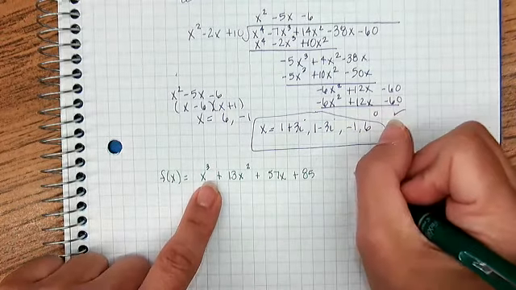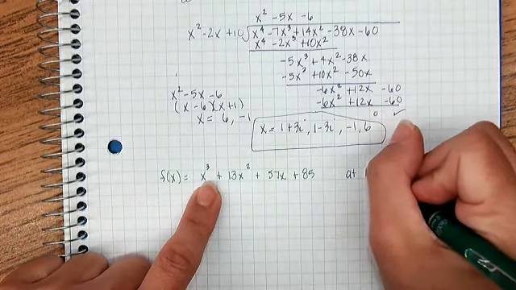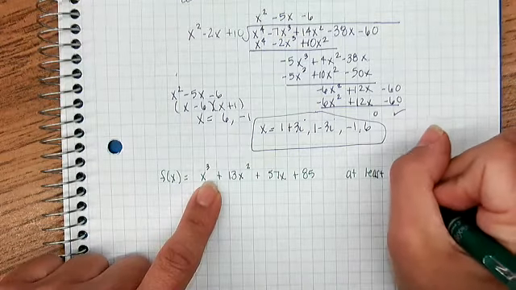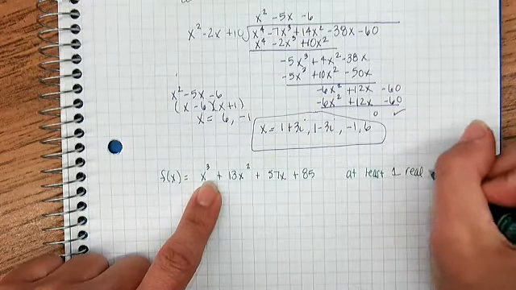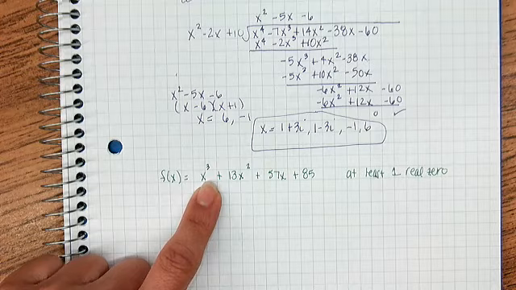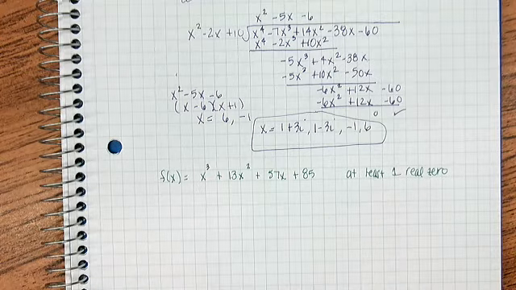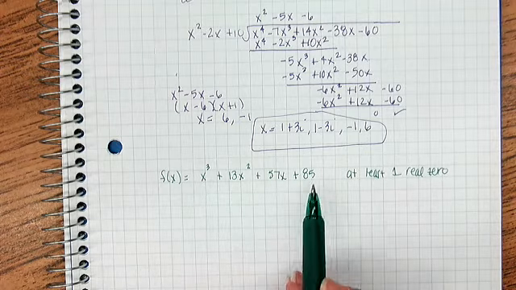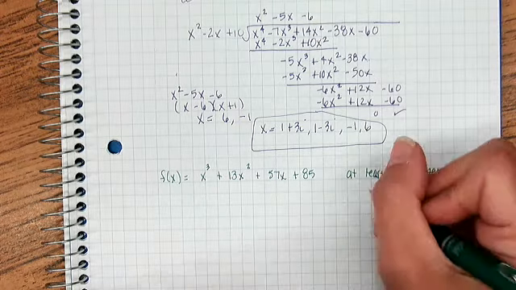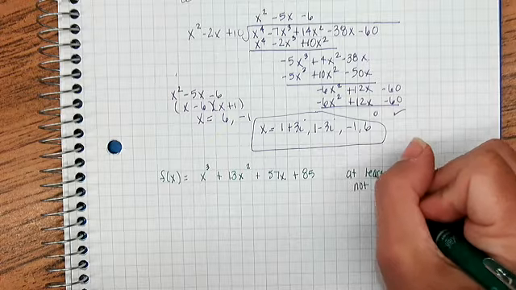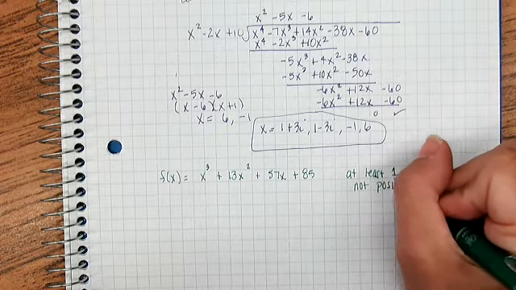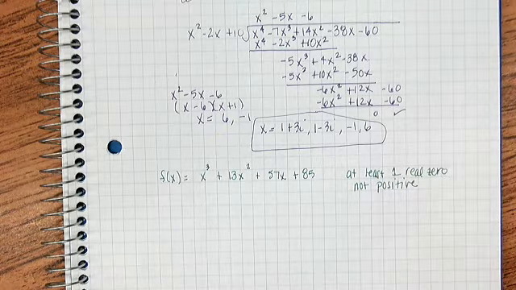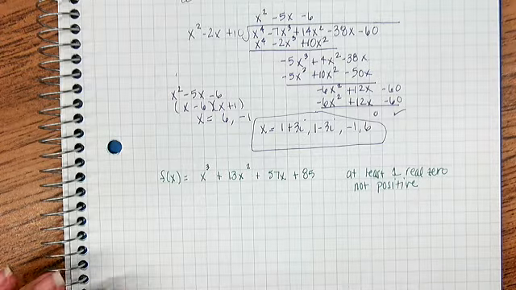It must have at least one real zero. Look at Descartes. There are no sign changes, which means that that one real zero is not positive. This is how you are going to save yourself tons of time with synthetic.